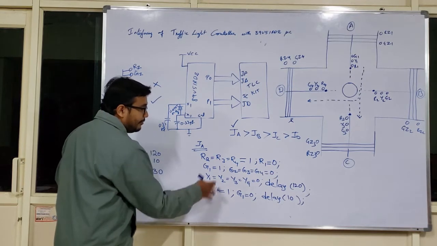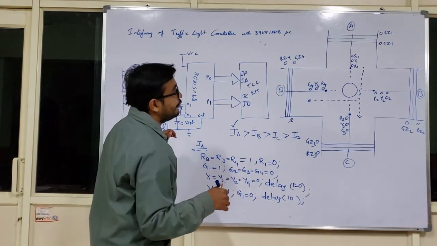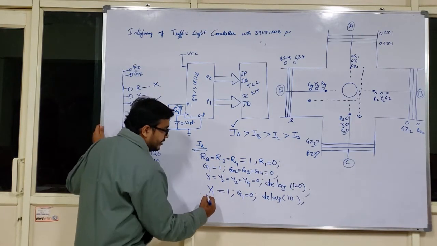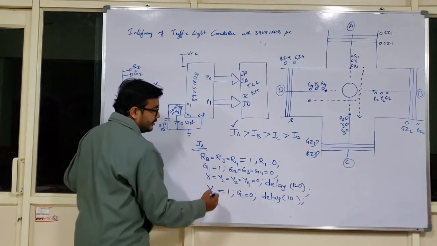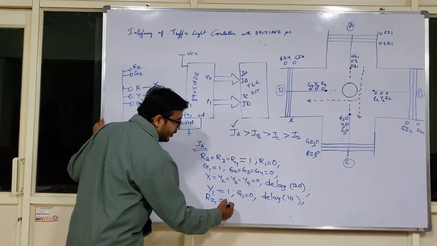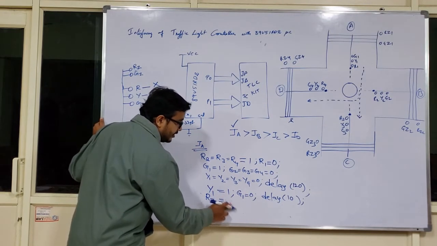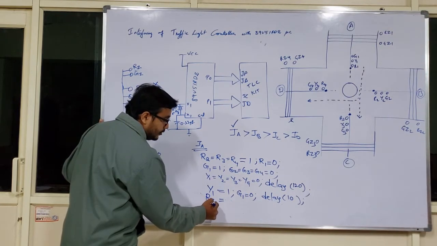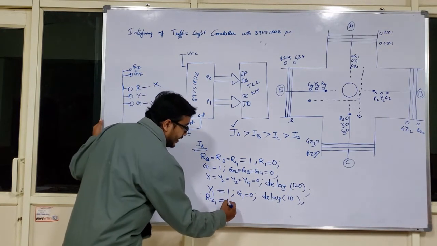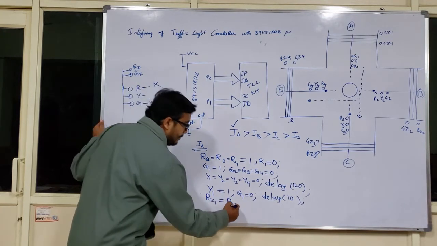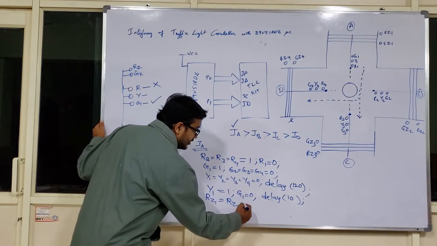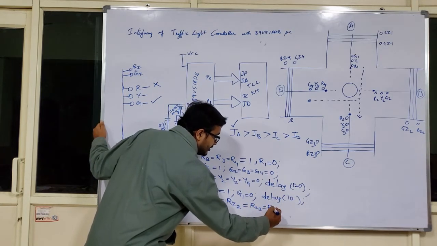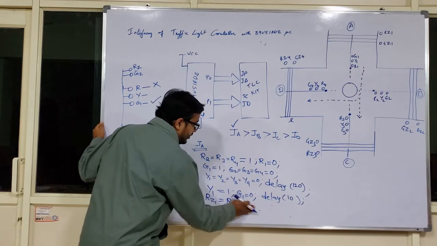After completing the green and yellow activity, at this time I have a few more extra variables called the zebra crossings also. RZ1 is nothing but the zebra crossing lamp at road 1 or junction A, and the zebra crossing lamp at junction B, and so on.